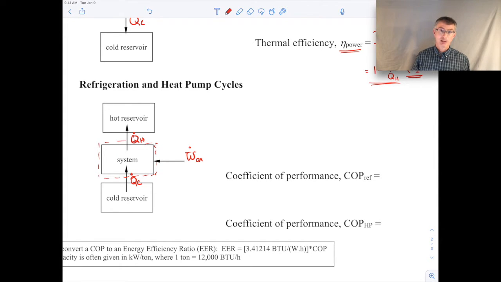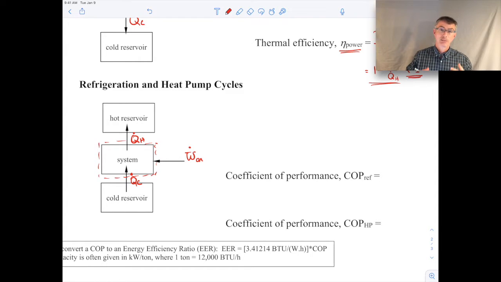And the hot reservoir, if you're dealing with a refrigerator, would be the room, basically the kitchen. So you're pulling energy out of that cold compartment within your refrigerator, and that energy ultimately makes its way into the kitchen, into the surrounding room. That's why you'll see a radiator on the back of your refrigerator.